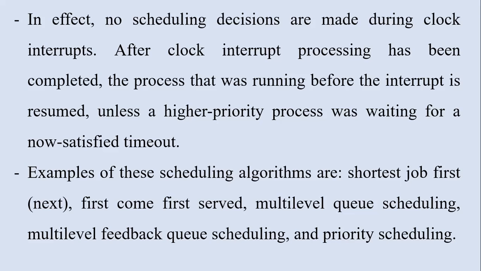Examples of these scheduling algorithms are shortest job first, that is SJF, or shortest job next, that is SJN, first come, first served, that is FCFS, multi-level queue scheduling, multi-level feedback queue scheduling, and priority scheduling.